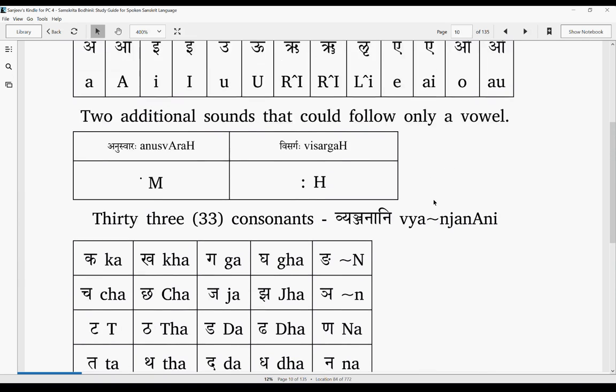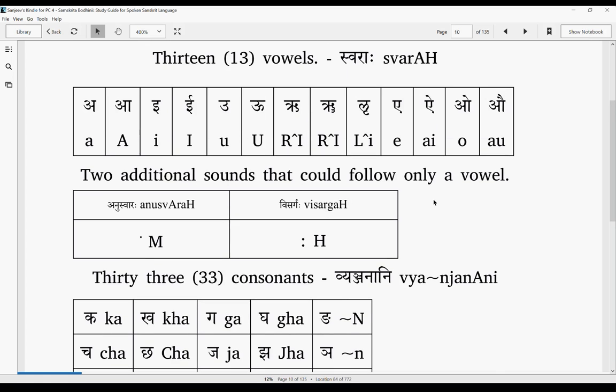Now besides these 33 consonants and 13 vowels, 2 additional sounds are there. One is called anuswara, another is called visarga. Anuswara is a nasal sound which can follow a vowel only. It cannot follow a consonant. And a visarga also can follow a vowel, a swara.